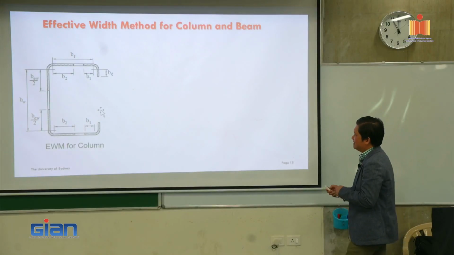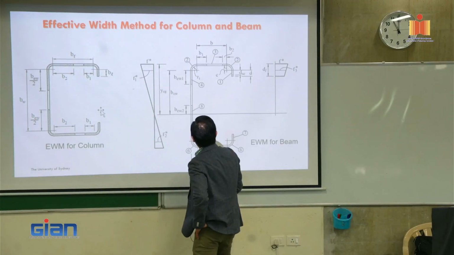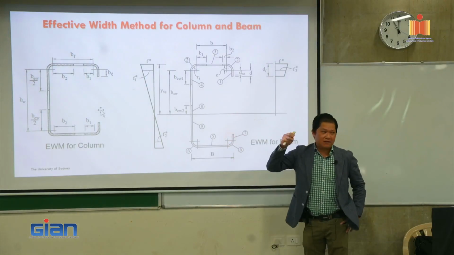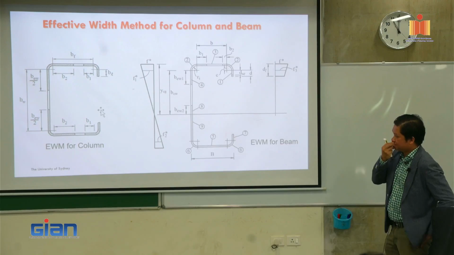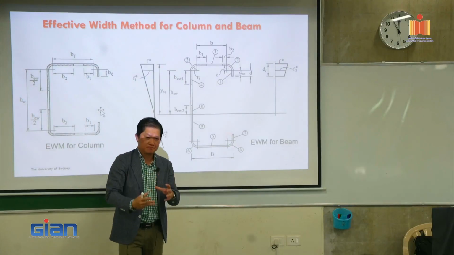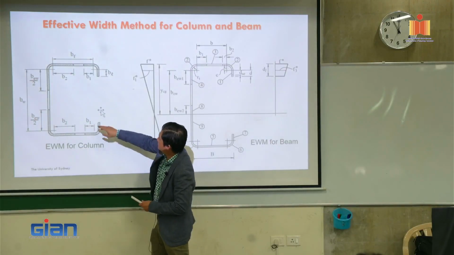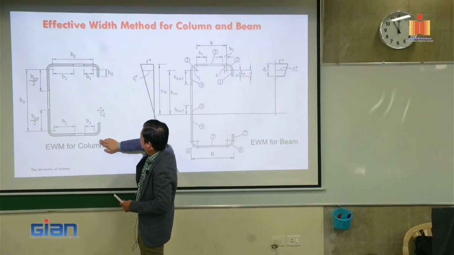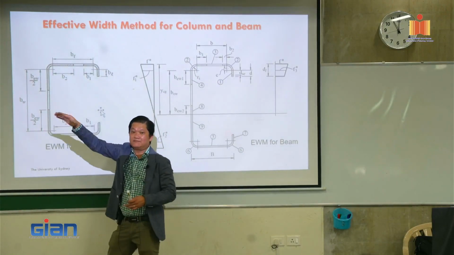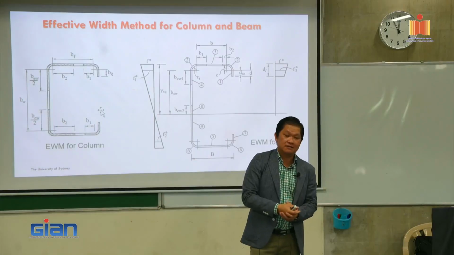But now, let's assume that we design for columns and we can design for beams. With the effective width method, which means that we don't treat the cross section as a whole. We break it down as a series of elements. For example, that is a channel, we break it into the lip, the corner, the flange, the corner, the web, and different elements there.